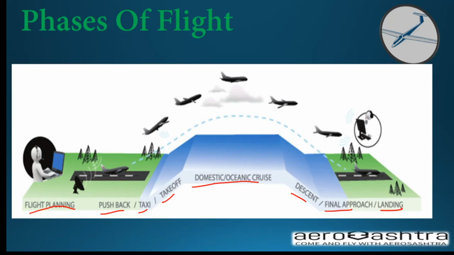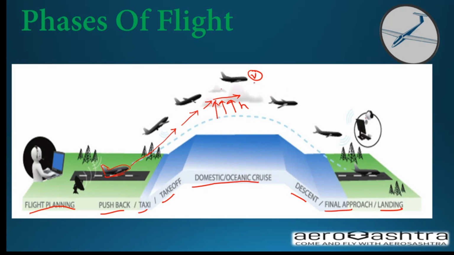Here you can see one aircraft, and it is trying to take off. When it takes off and climbs to a certain height, you can see it is climbing, and after getting a certain height it tries to cruise. Cruise means it has to maintain the height and the velocity of the aircraft.